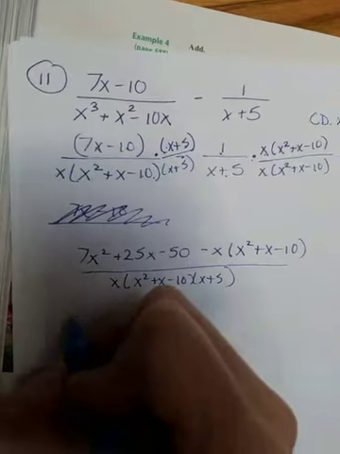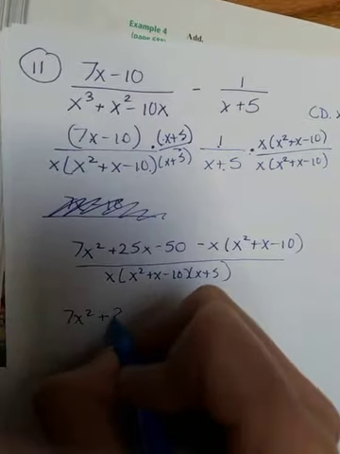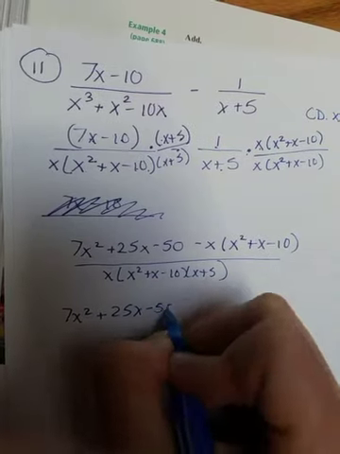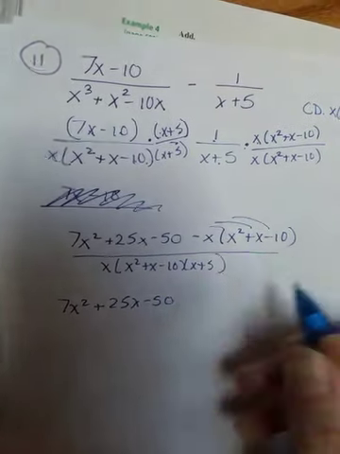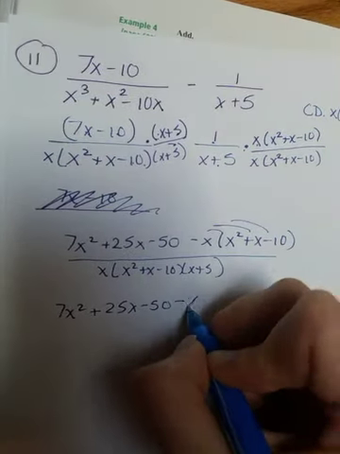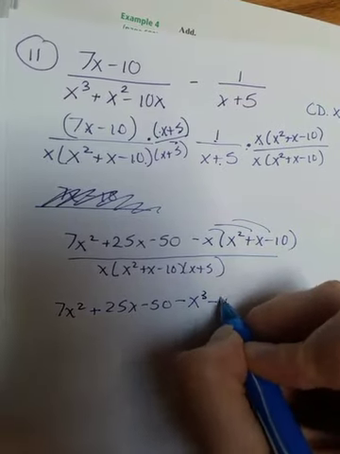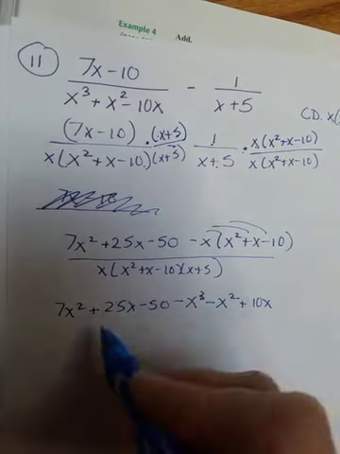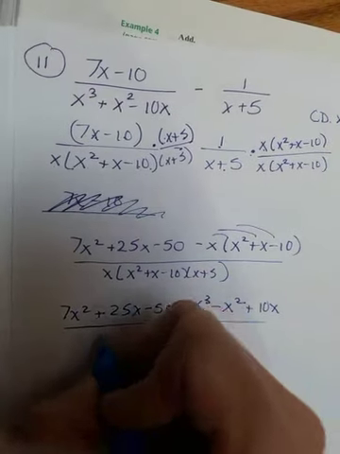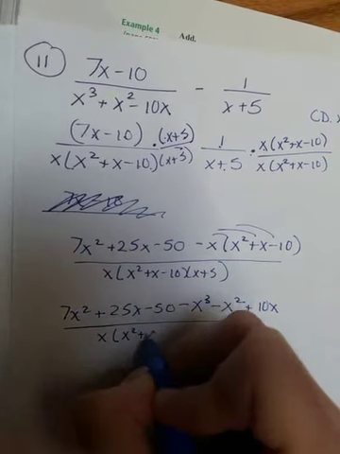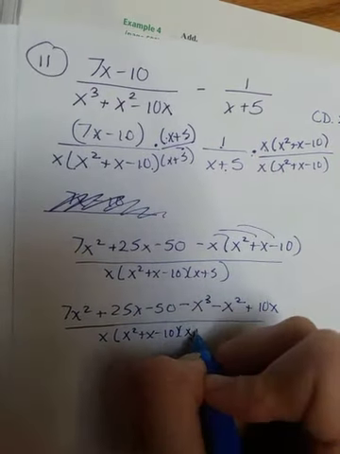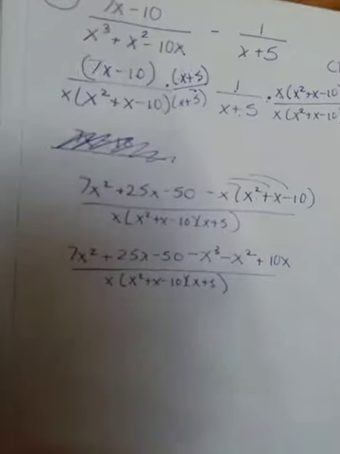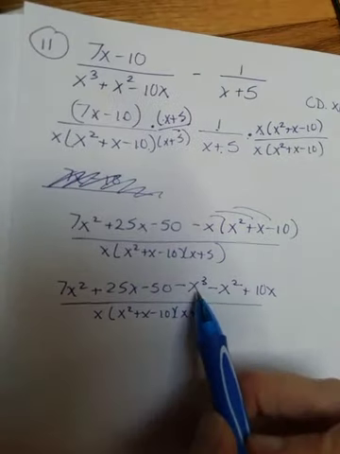Okay, so let me distribute in that negative x so people can see what's going on. So we're going to get a negative x cubed minus x squared plus 10x all over our lovely denominator. I know I'm sick of writing it too. Okay, so let's combine like terms. Put it in standard form.